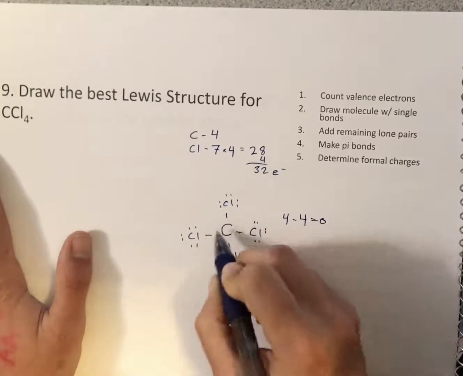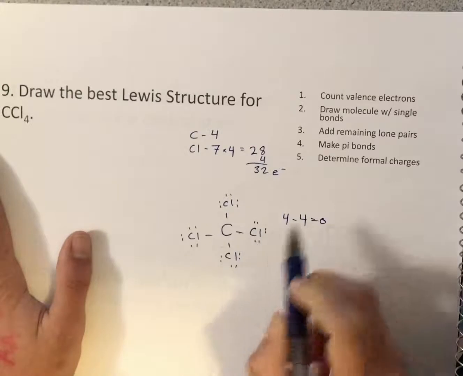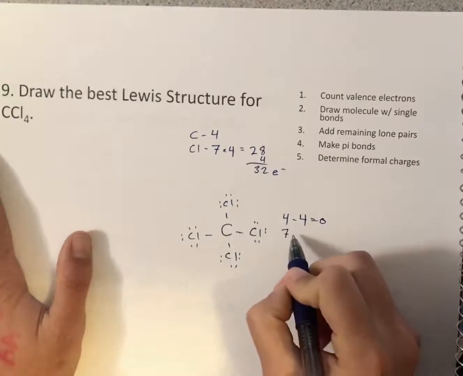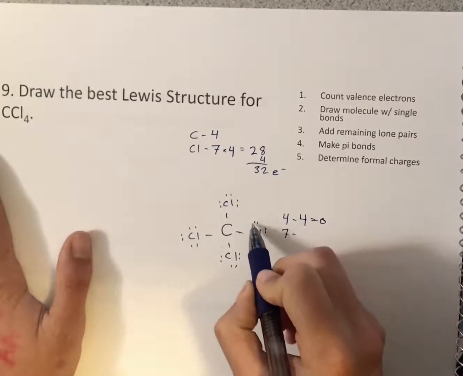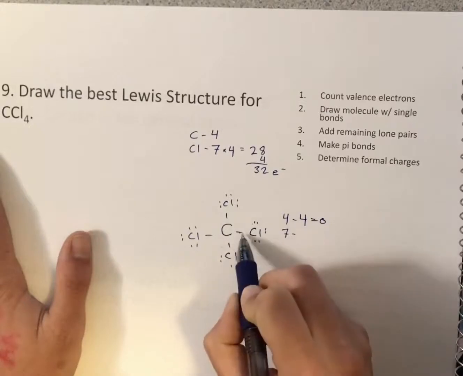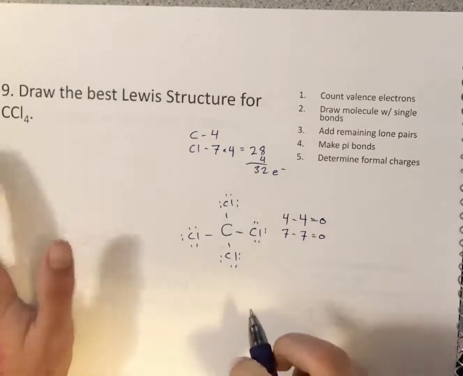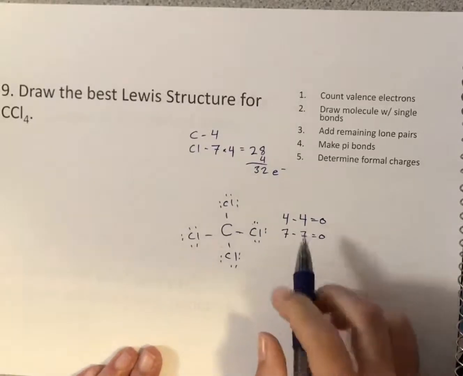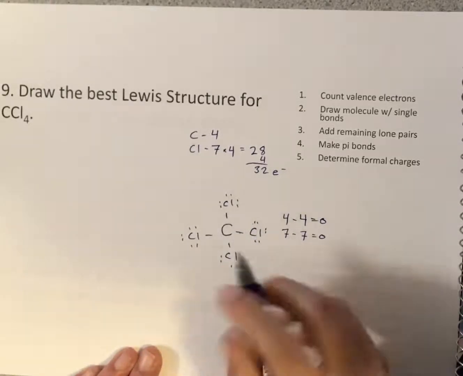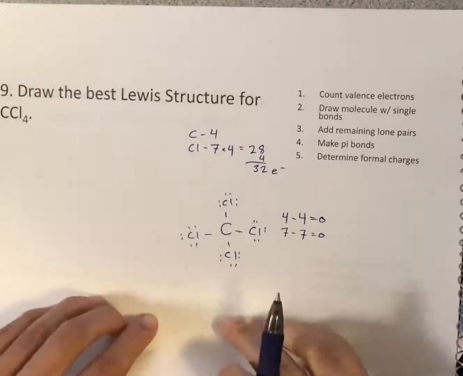So no formal charge on the carbon. Chlorine has 7 valence electrons, and we count 1, 2, 3, 4, 5, 6, 7. So we have a formal charge of 0 on both. So this is a good structure, and that's the answer for this one.